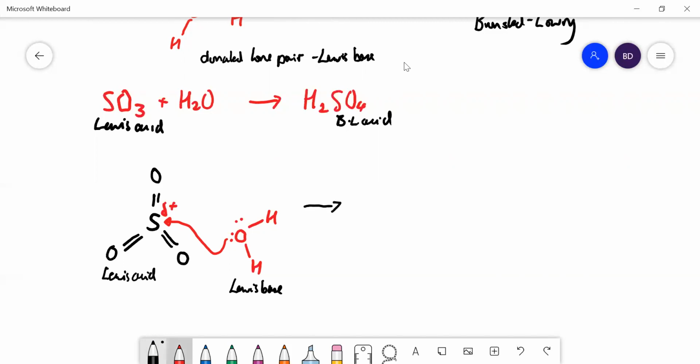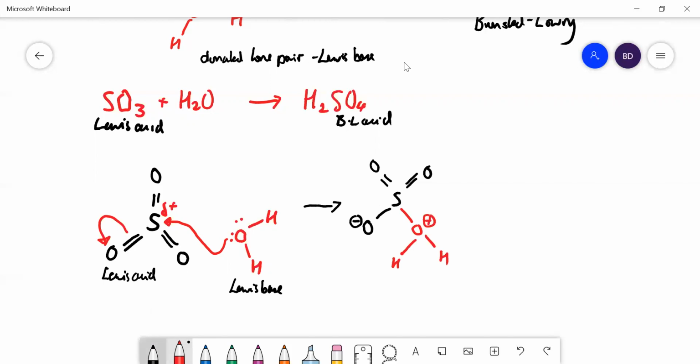It's accepting that lone pair, and when it does that, one of these pi bonds is going to break. So you'll end up with one of those broken, which is going to have a negative charge on it. And the water is now forming a dative bond there, so that will have a positive charge on the water.